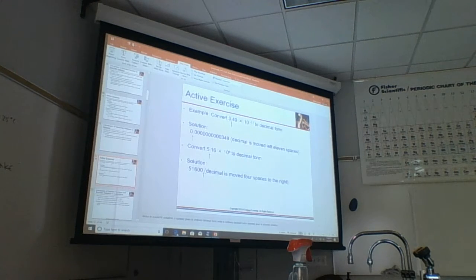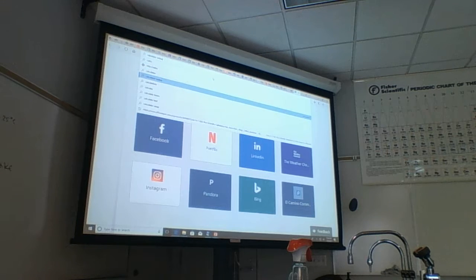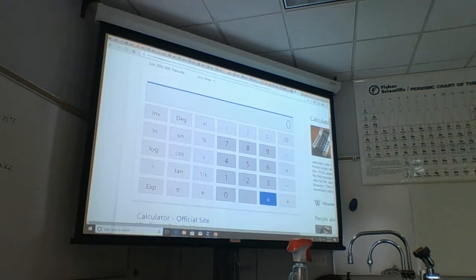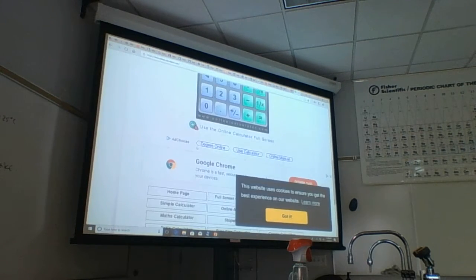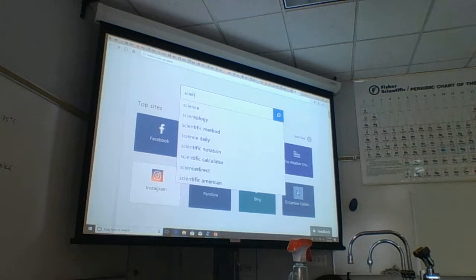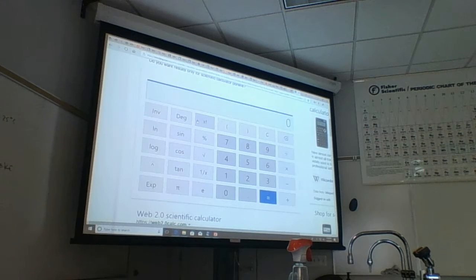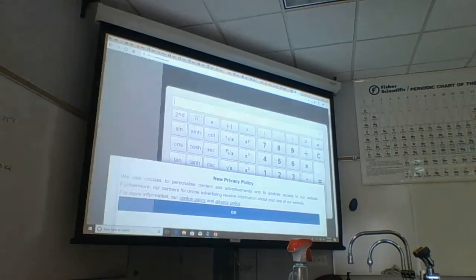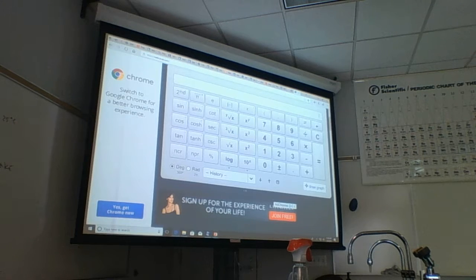Let me just show you on the calculator here. Use this key here, the 10x key. Does anybody use the 10x key for scientific notation?